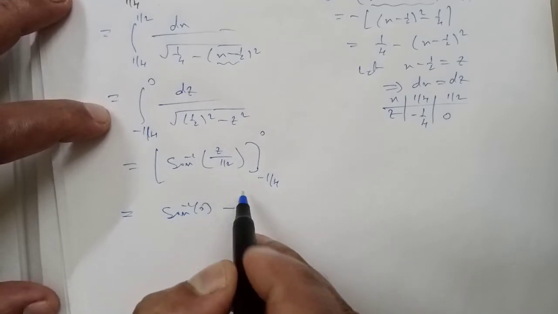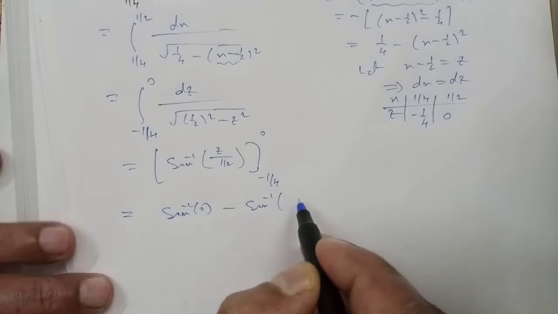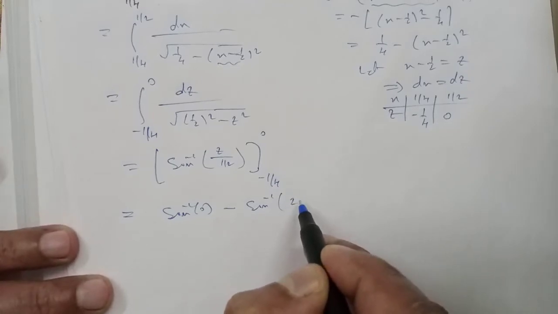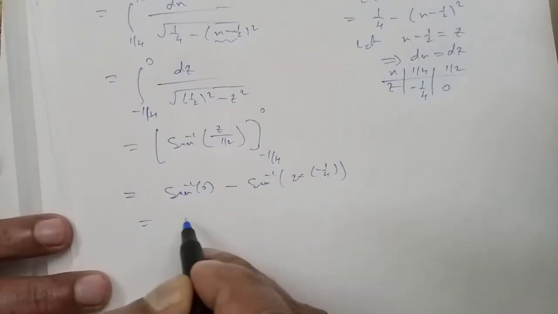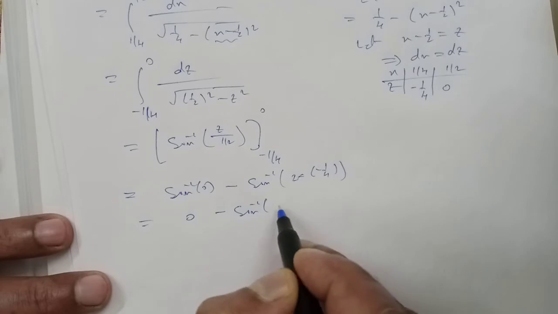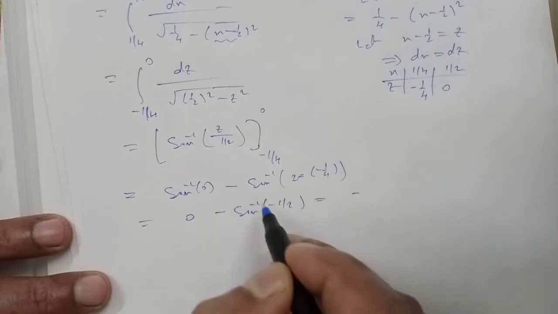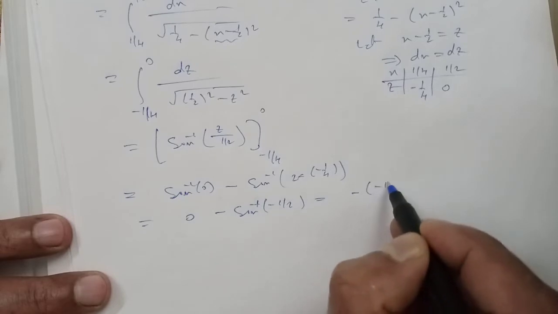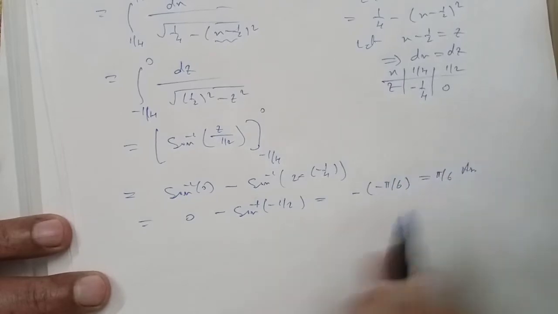Then put minus 1 by 4 here, so it becomes sin inverse of 2 into minus 1 by 4. Sin inverse of 0 is 0 minus sin inverse of minus half. Minus sin inverse of minus half is minus pi by 6. So your answer is pi by 6. Okay.